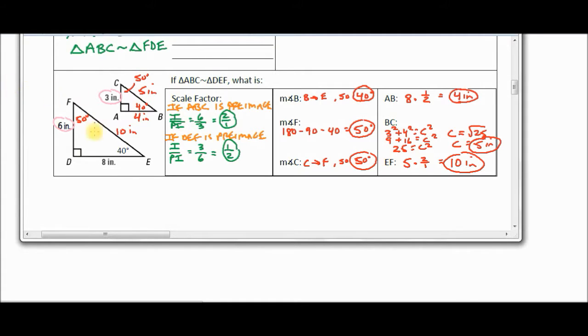So let's put a little note over here, by the way, so that you understand what I did here. I'm going to put a little note here in pink. Actually, we'll change that to purple.